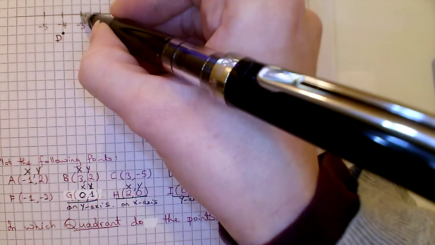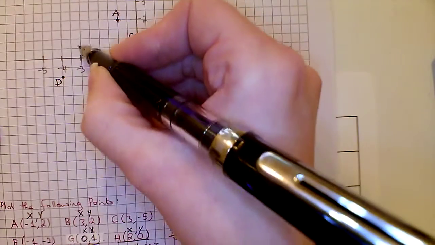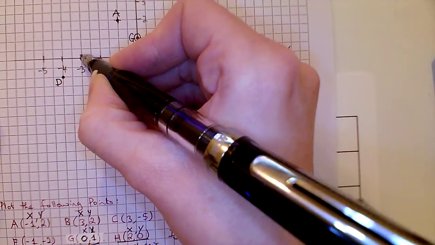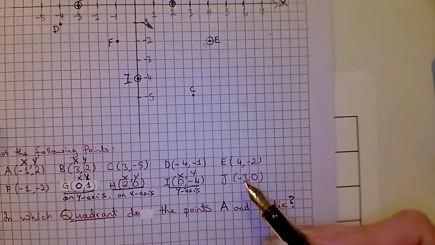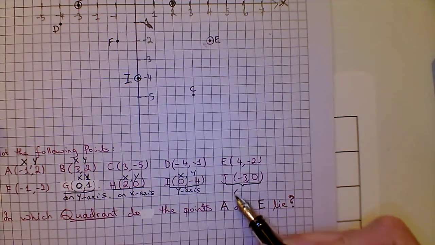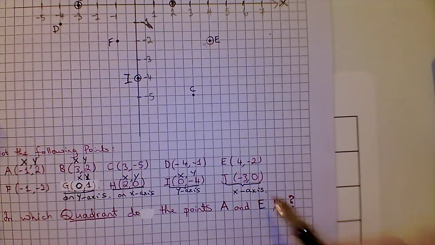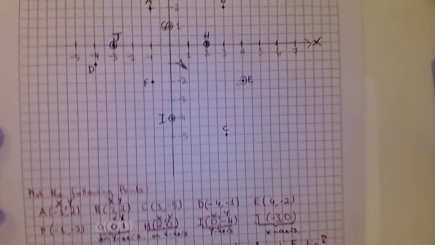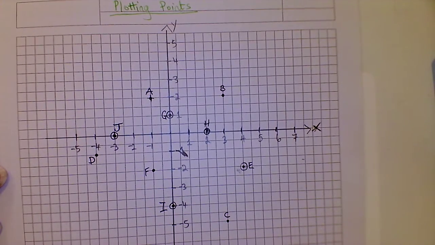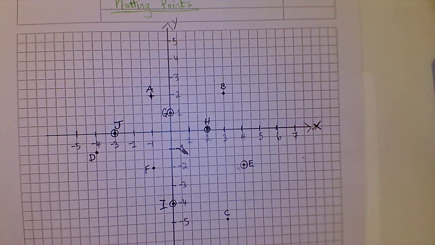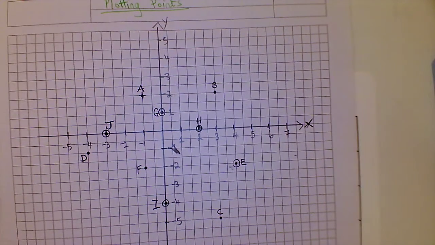I do go over to -3, but then I don't go up or down. So there's J. J is on the X-axis. So there are our points all plotted. Some of them have circles around them, and you don't have to do that. It just sometimes makes the points stand out a little bit more when you're looking at them.